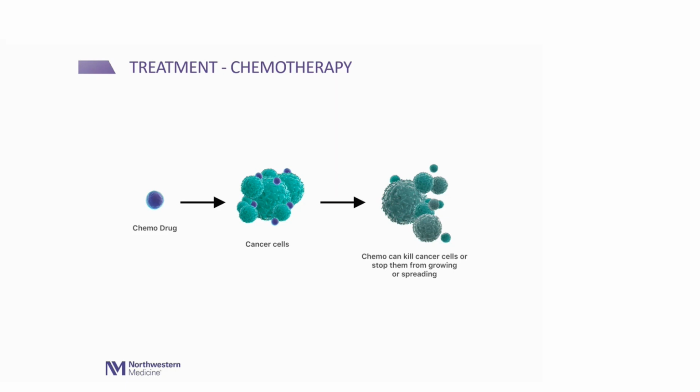That's why more common side effects are hair loss, nausea, diarrhea, because the cells lining your mouth, cells lining the intestines, hair follicle cells, these are all fast growing cells. Blood counts go down from chemotherapy because, again, bone marrow cells where blood counts are made are also being affected directly by chemo, just as how it affects the cancer cells, it can also affect some of the healthy cells. That's why you end up having those side effects.